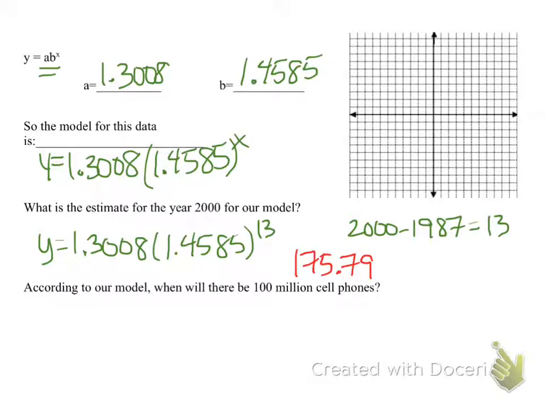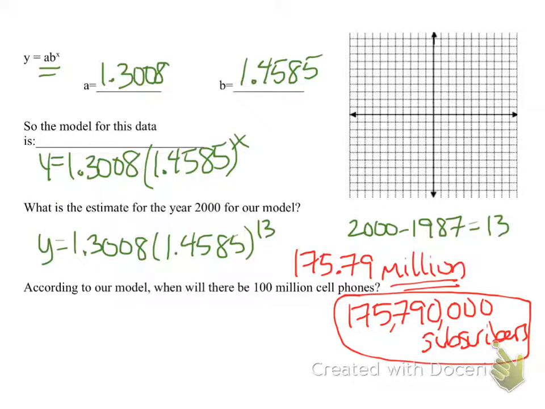And if you were to plug that into your calculator, you would get 175.79. We need to remember that this is million people. And so putting the appropriate number of zeros there, we have 175,790,000 subscribers. To do this on your calculator, you could hit the trace button, which is the second from the right button right underneath the screen.